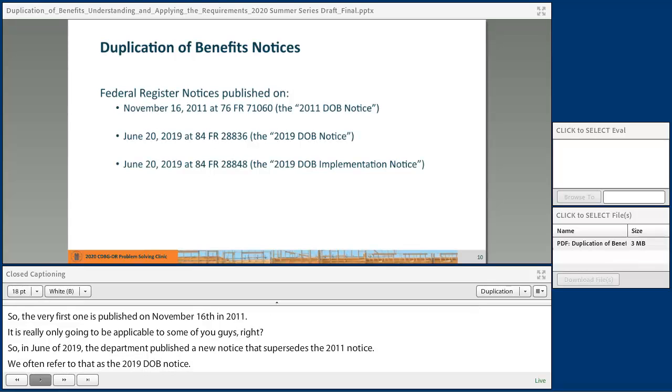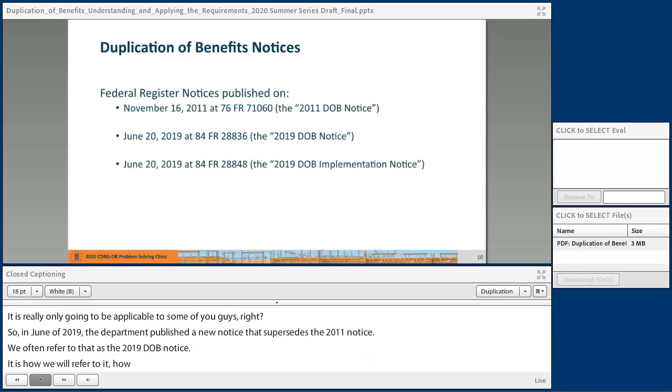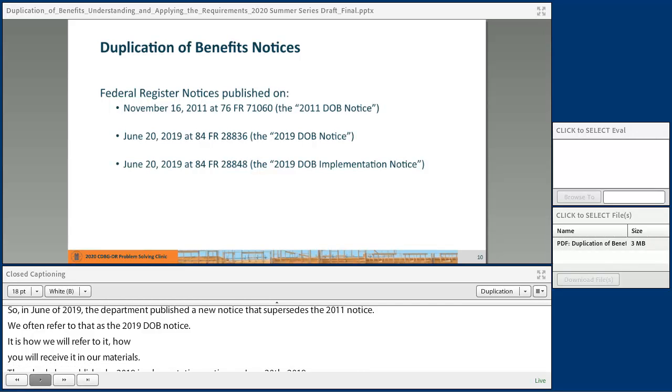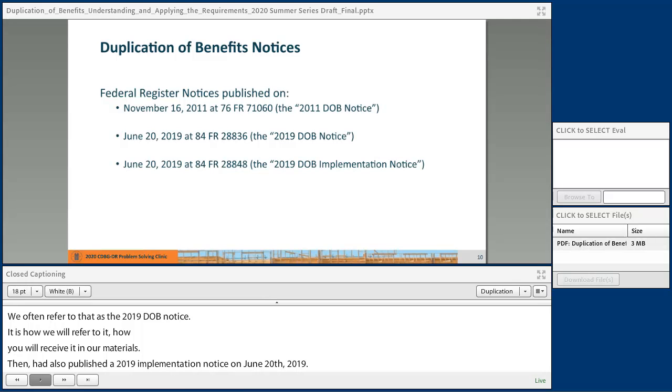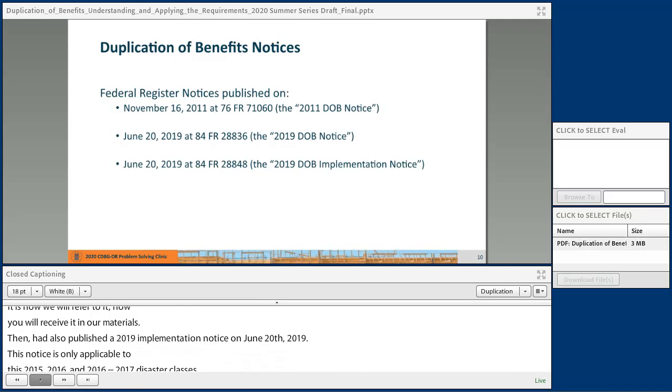That's how we'll refer to it, and you'll see in our materials just the shorthand of it. To help guide which requirements apply, HUD also published a 2019 DOB implementation notice on June 20th of 2019. This implementation notice is only applicable to the 2015, 16, and 17 disaster classes, because HUD released this new DOB guidance after those grantees had already begun implementing their recovery programs.